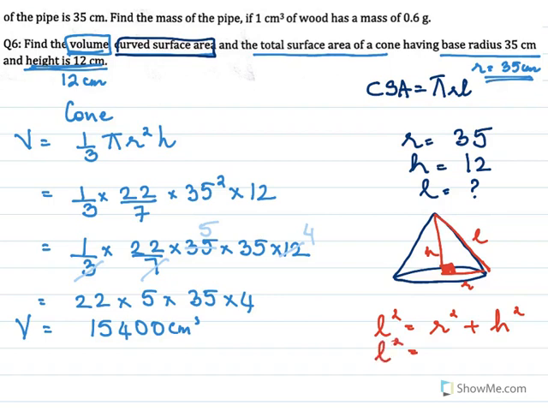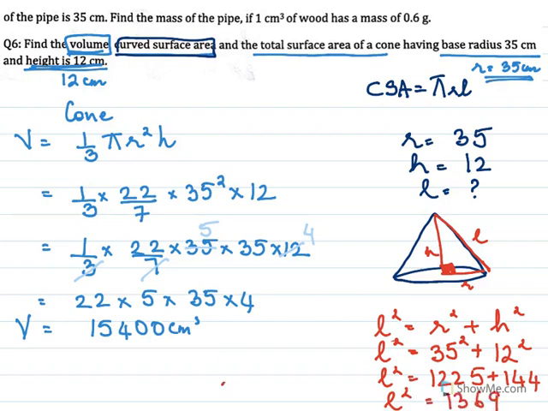The r is 35 square and h square 12 square. So L square, the 35 square is 1225 plus 144. So L square becomes 1369. So L will be under root of 1369 and L will be 37. Now that we have L, we can find the CSA and the TSA.